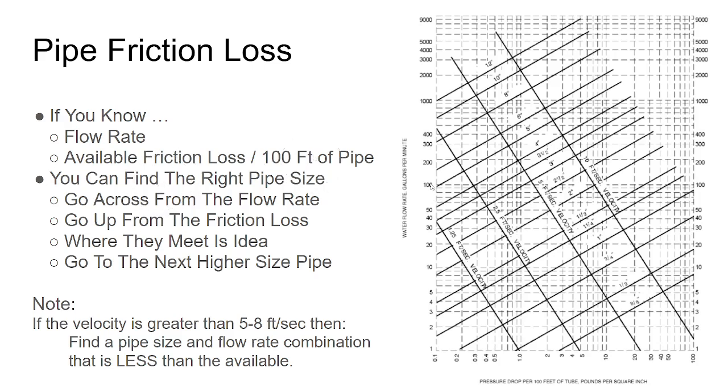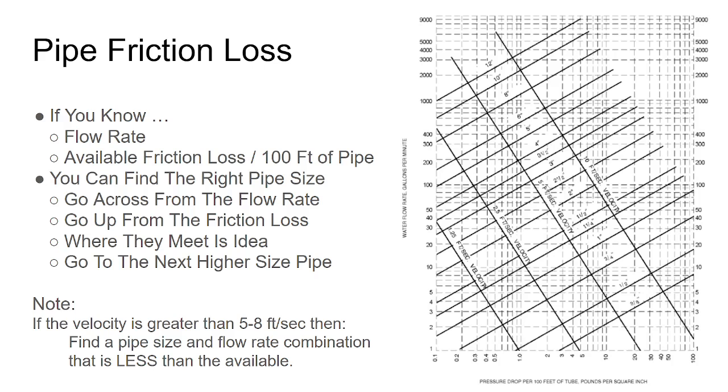So I would pick my GPM, my gallons per minute, my flow rate, and draw a line across. And then I would find my available friction loss down on the bottom, and I would draw a line up. And where they meet is the ideal pipe size. And of course, that's often not exact. In this case, it would be maybe a little bit above 2.5.